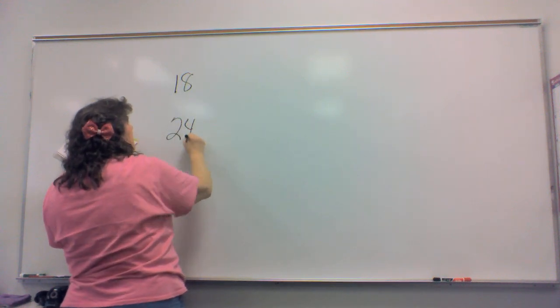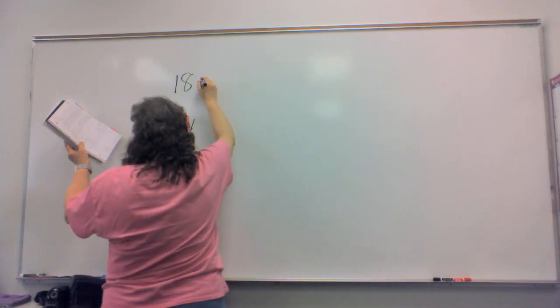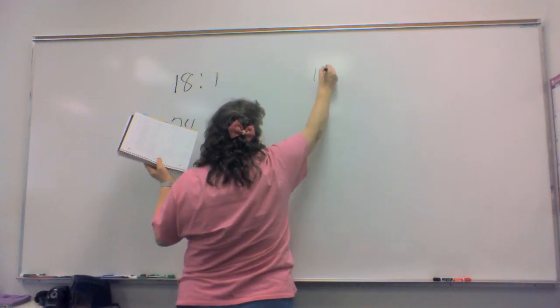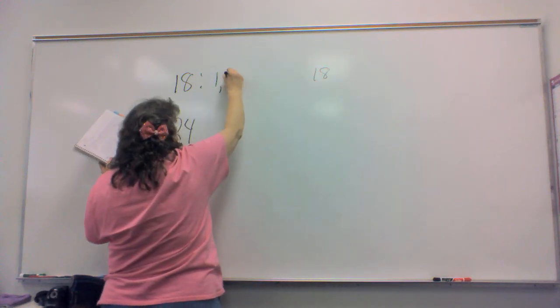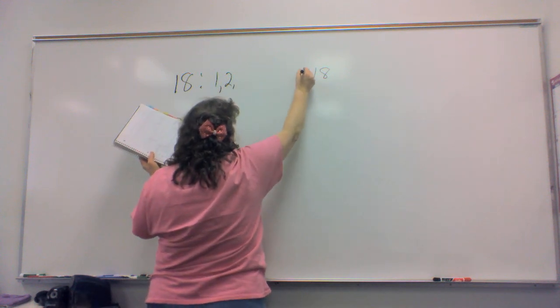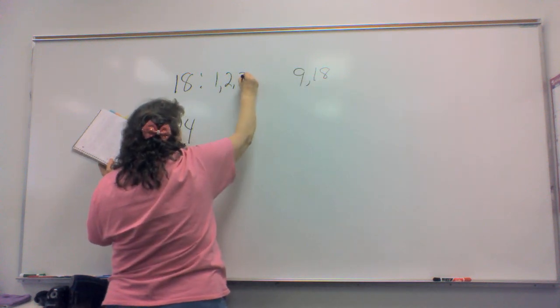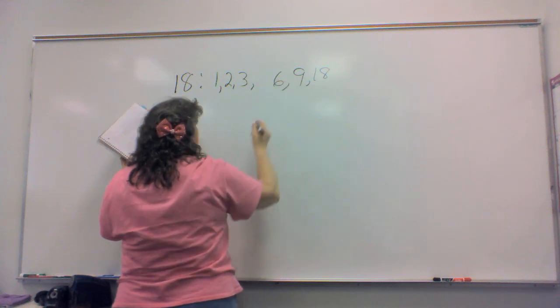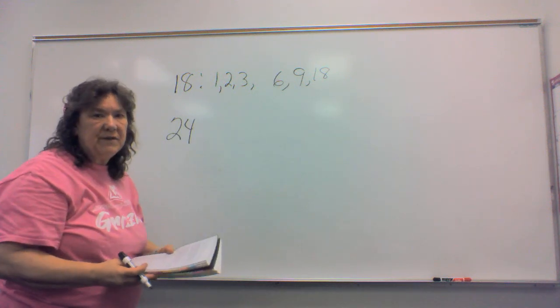If you look at the number 18 and you write its factors, you have 1 times 18, 2 times 9, 3 times 6. So that's all the factors of 18.